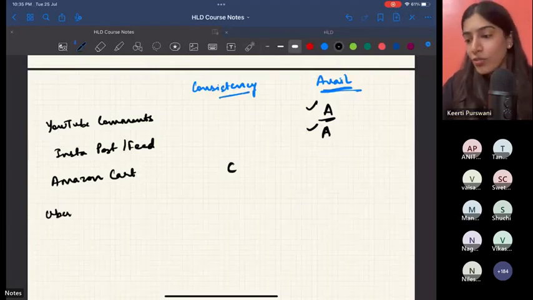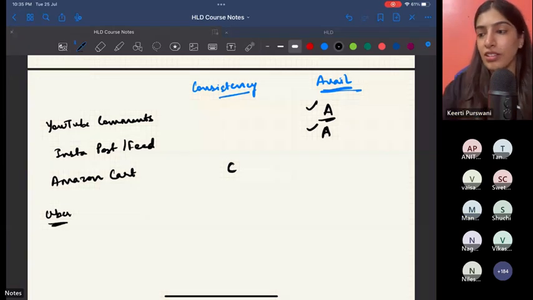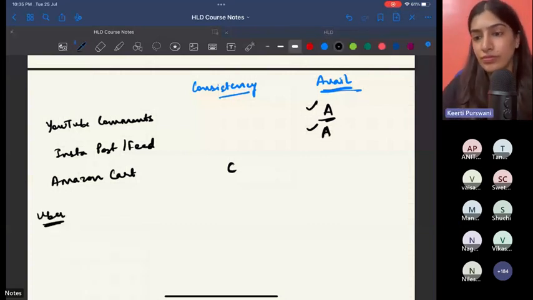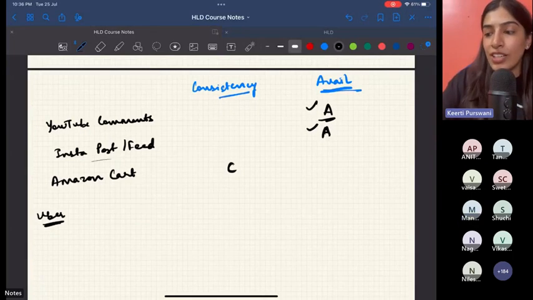Now, in Uber, what is important, availability or consistency? I am waiting for the correct question. Very good, Soham. Thank you so much for asking this. All of you are saying consistency and availability. What part of Uber are we talking about, guys? Here you can see, YouTube comments, Insta post or feed, Amazon cart.